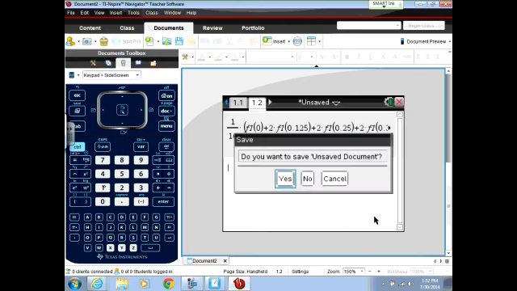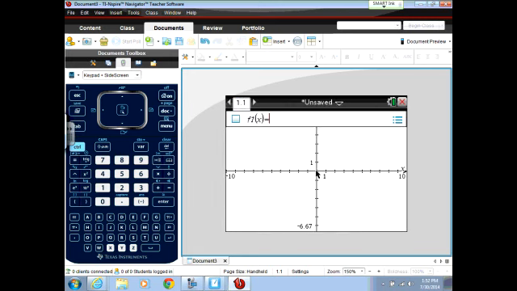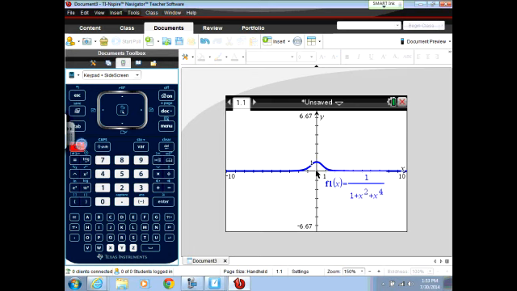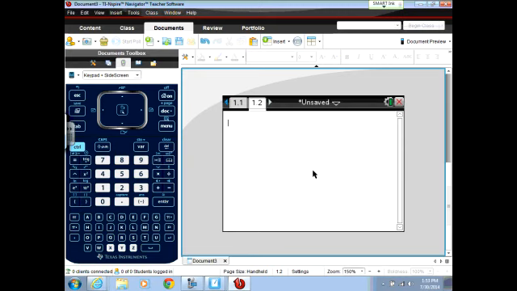So we'll go to a new document. In our graphs page, we'll have 1 over, again, we're going to put the t's in as x's. We'll have 1 plus x squared plus x to the 4th. We'll add a calculator page. And now 1/2 times 3/4 will give us 3/8.